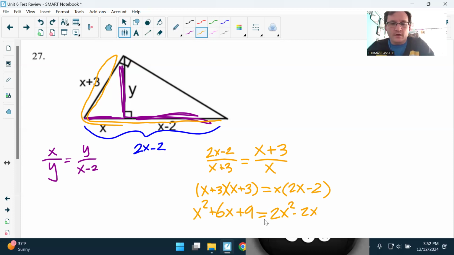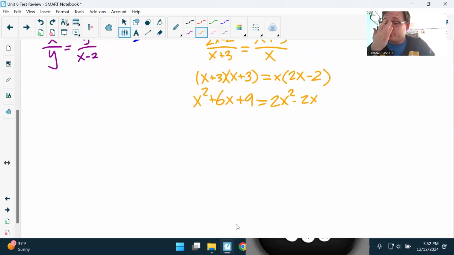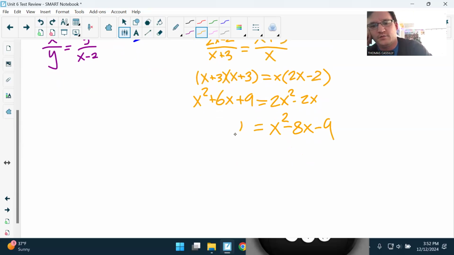Move everything over. I'm going to subtract it all to the right side this time. I'm going to have x squared minus 8x minus 9 equals 0. So what times what is 9 that adds up to negative 8? Well, 9 times 1 is 9, and negative 9 plus 1 is negative 8.